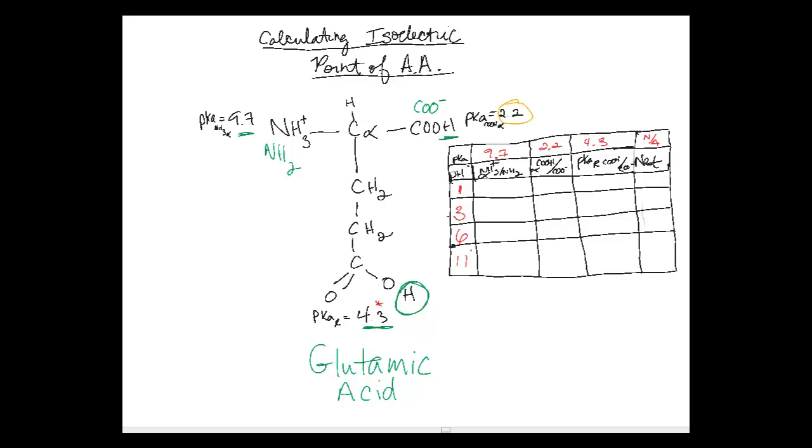And then I'm going to pick a pH that's above the 9.7 over here, so I'm going to go with 11. And real quick, if you remember the concept video for calculating the isoelectric point of an amino acid, if the pH of the environment is less than the pKa that you're looking at, it means the environment's acidic, and an acidic environment means that it's going to donate hydrogens.